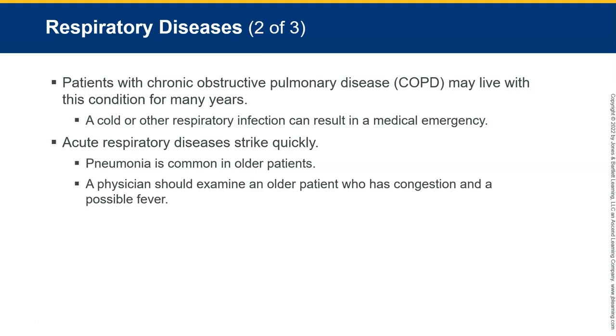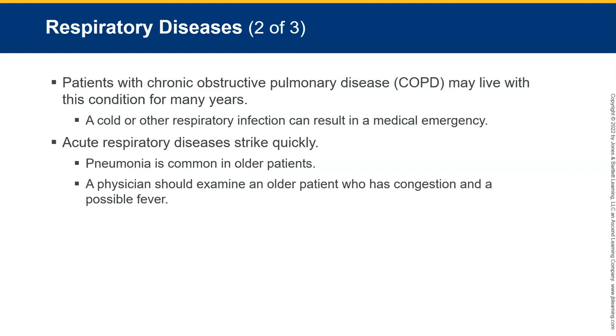A cold or other respiratory infection can upset their normal equilibrium and even result in a medical emergency, because it's so chronic and they're so almost feeble, they're unable to fight these things off. Just a simple cold can really put someone into a bad place. Acute respiratory diseases can strike a patient very quickly. Pneumonia is a common infectious disease in older patients.